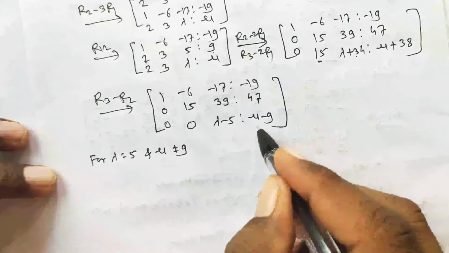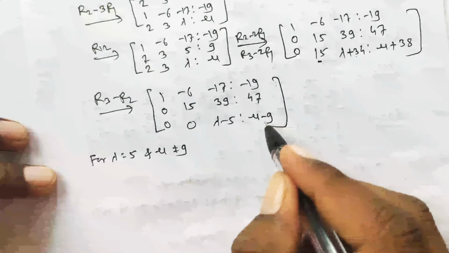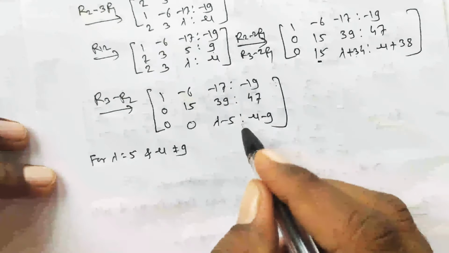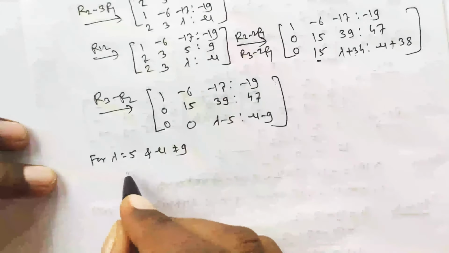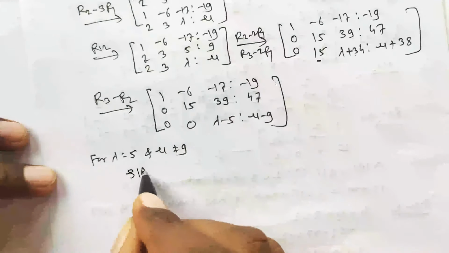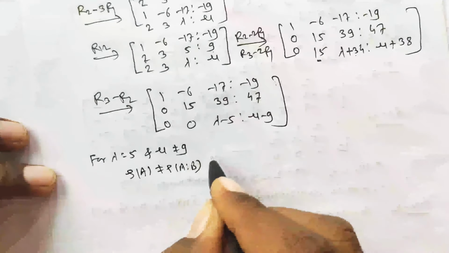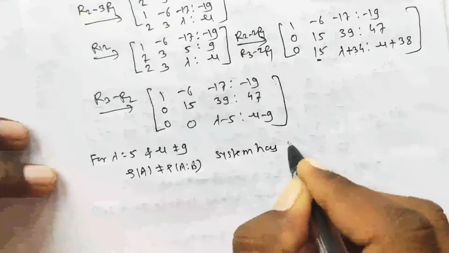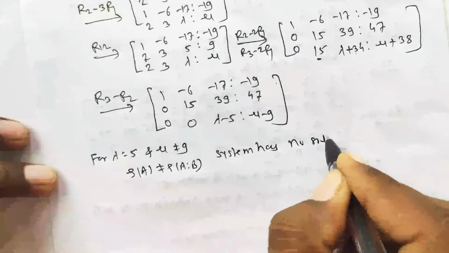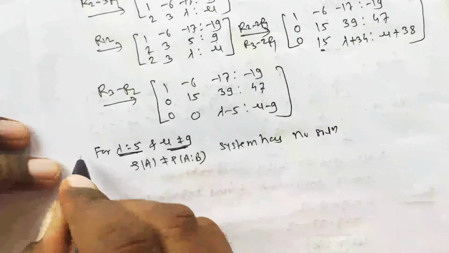Mu is not equal to 9 means except mu equal to 9, whatever other value we put here, rank of AB will be 3. Okay, so for lambda equal to 5 and mu not equal to 9, rank of A is not equal to rank of AB. So the system has no solution. So for no solution, lambda equal to 5, mu is not equal to 9.